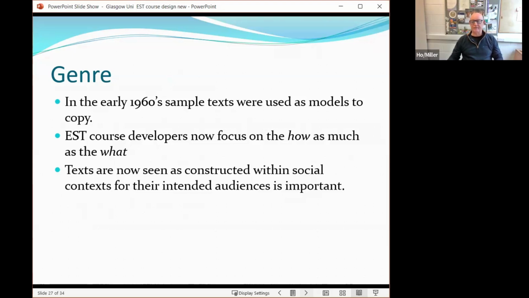But nowadays, of course, the development is not so much on how we communicate, but what we're communicating as well. Because of the explosion of technology and the internet, we're dealing not just with printed material these days, we're dealing with material in a social context. And so students need to be able not only to read a lab report and understand it, they need to be able to talk to people about science and technology in a way which is relevant and easy to understand.